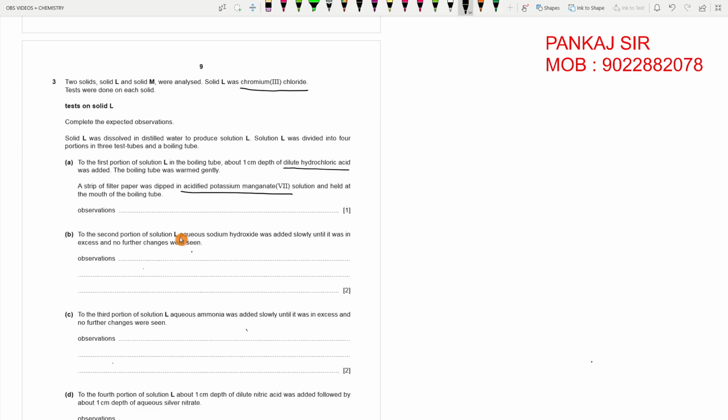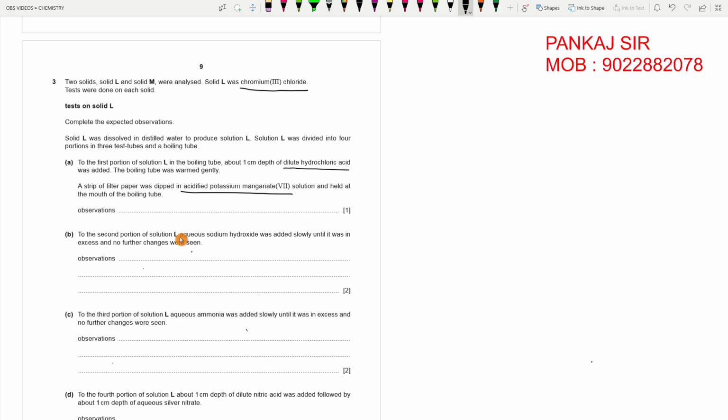Now basically in this particular test, whenever you add dilute hydrochloric acid and test with the acidified potassium manganate filter paper, the substance L is chromium chloride.